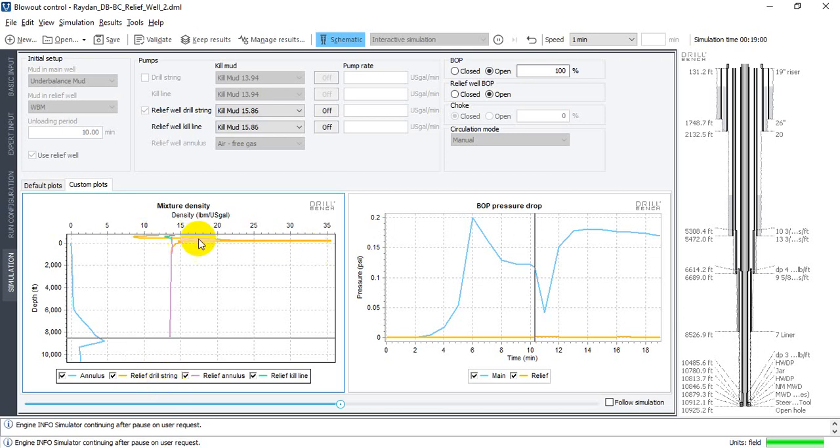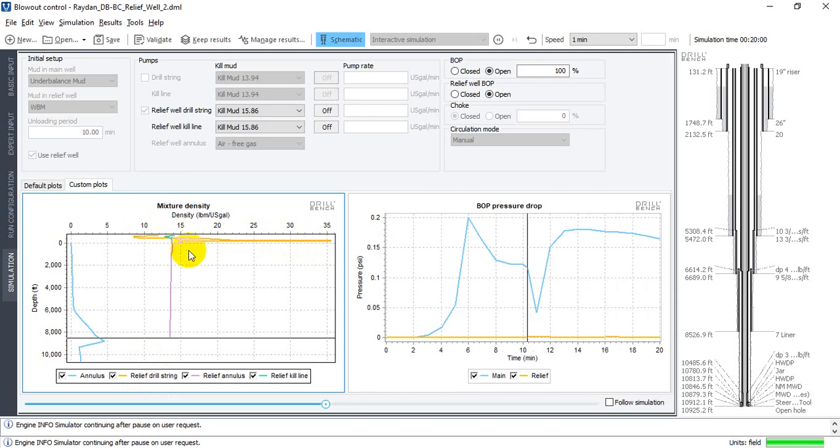At the relief drill string it has a density of more than 35 specific gravity, and at the relief annulus it is 14 specific gravity or pounds per gallon, and the relief kill line is 14 also.